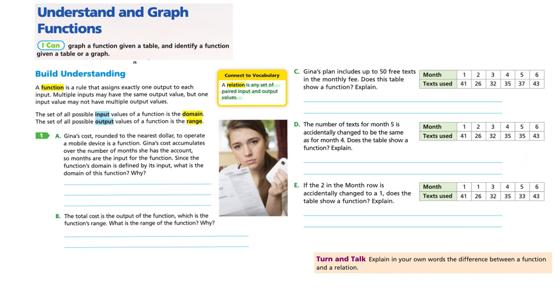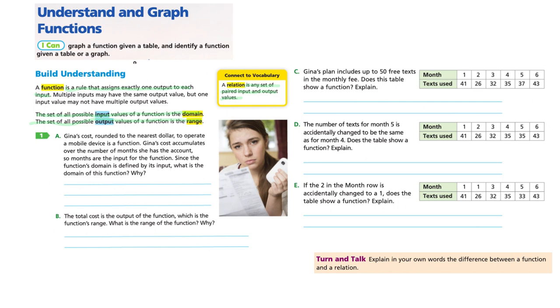But that's important. The other thing that's really important is the idea of a function. So a function is a relation, or it's a rule that assigns exactly one output to each input. And we'll look at that again when we go over to the tables that they have set up. So then they also tell you that the set of all possible input values of a function is the domain, and the set of all possible output values of a function is the range.